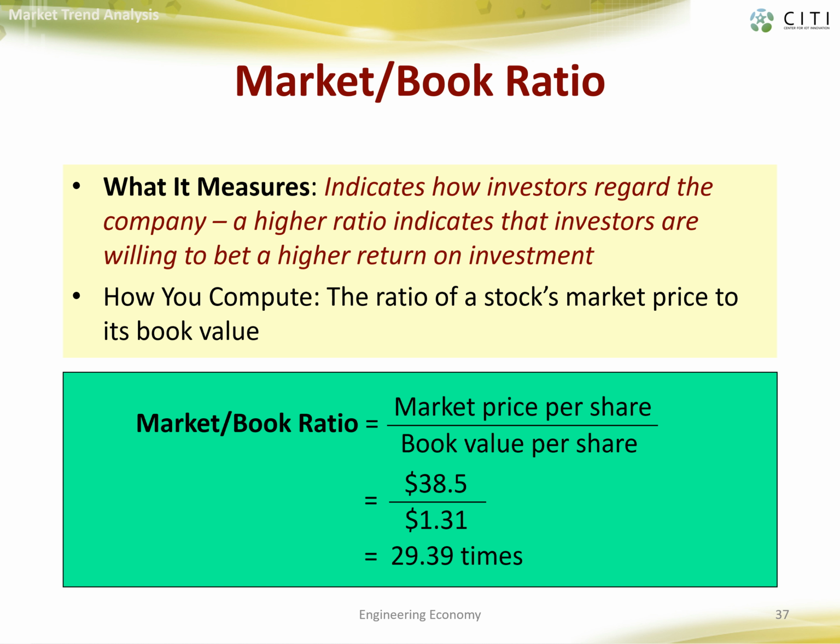And also the market to book ratio has a similar flavor, right? The market price per share is high, and your book value per share is very low, meaning that they perceive that you have higher potential of returning their investment.